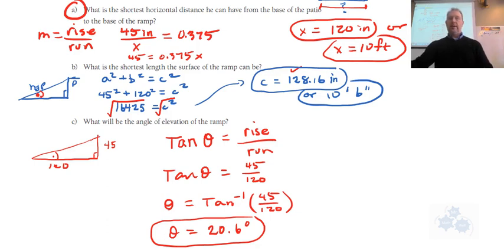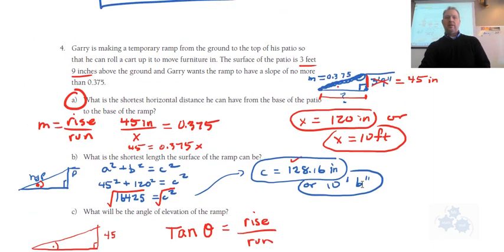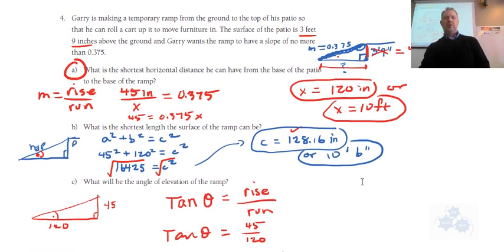So that is question number 4, and you need to know how to do it. It's a little bit of everything, almost all of chapter 1 is in that one question. That's really important. Do you have any questions before we move on? Questions about this one?